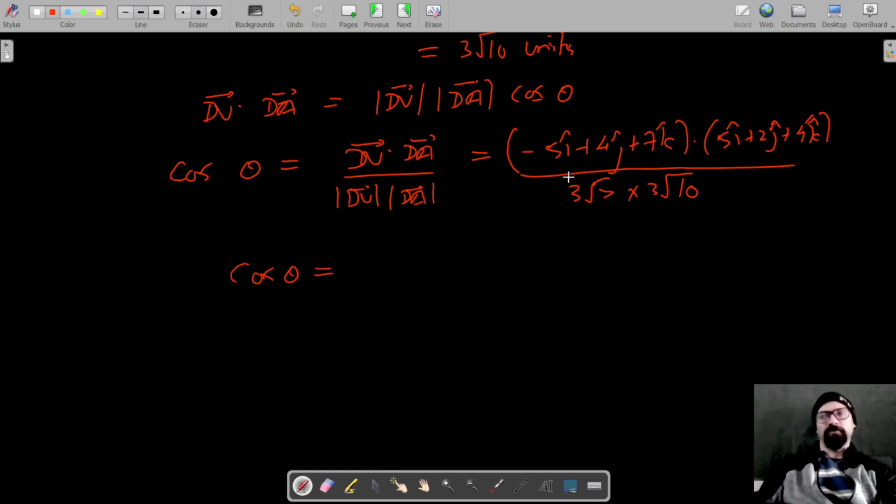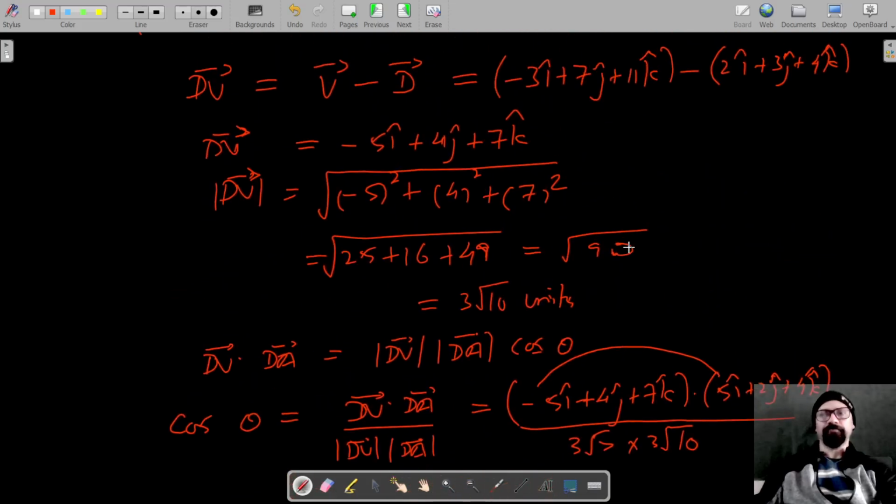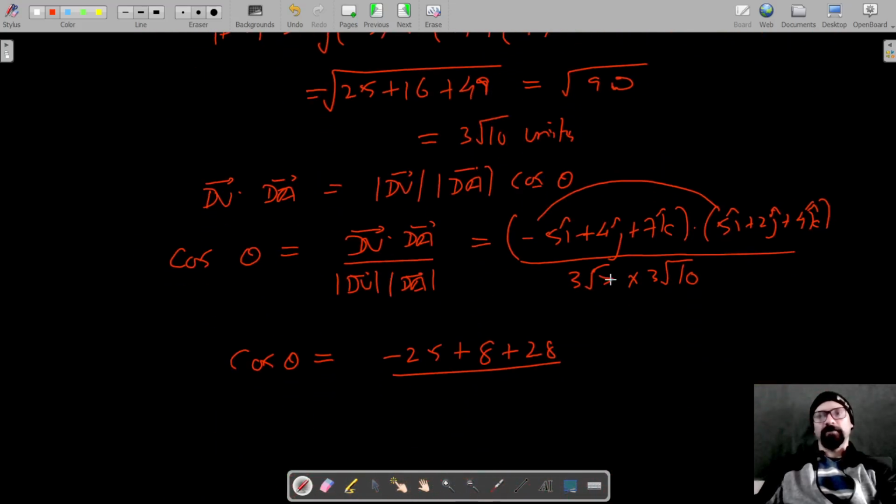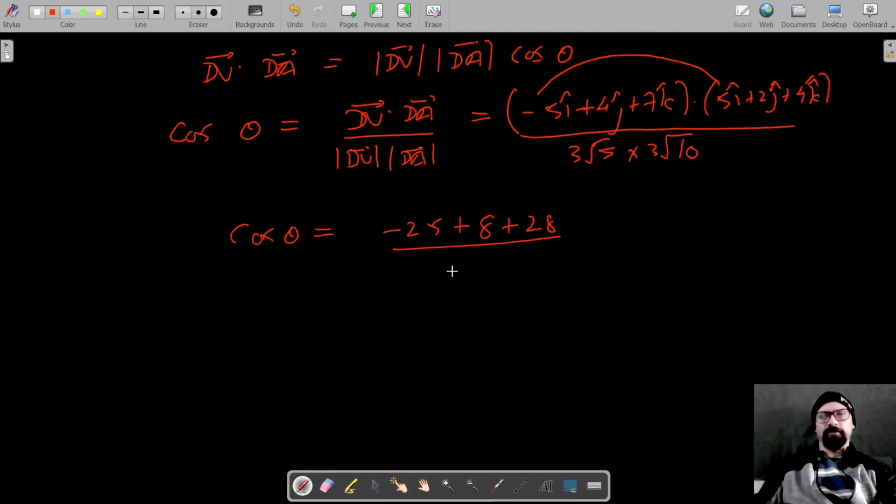So cos theta is equal to, let's find the dot product, that is negative 25 plus 8 plus 7 fours are 28, and the denominator is 3 under root 5 into 3 under root 10, so this is 9 under root 50.